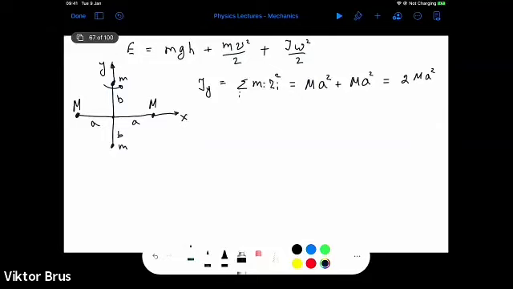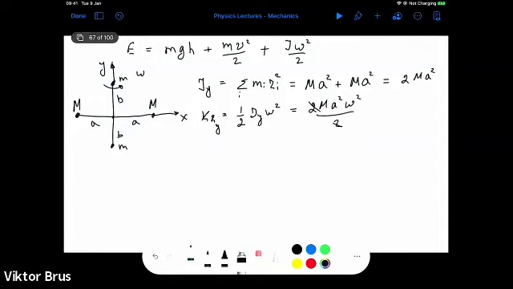And if we now calculate the kinetic energy of this rotation about axis Y with some angular velocity omega, it will be the following. Kinetic energy of rotation about axis Y will be 1/2 I_Y omega squared. And this is equal to 2 capital M a squared omega squared divided by 2.